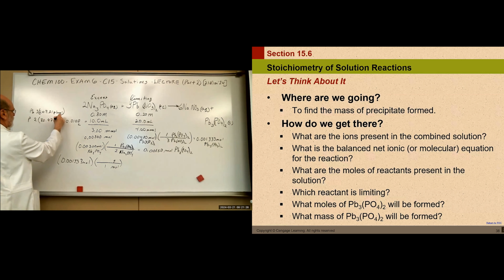Then we take the limiting reactant and convert it to the next step, convert it to mass, grams of lead 2 phosphate.